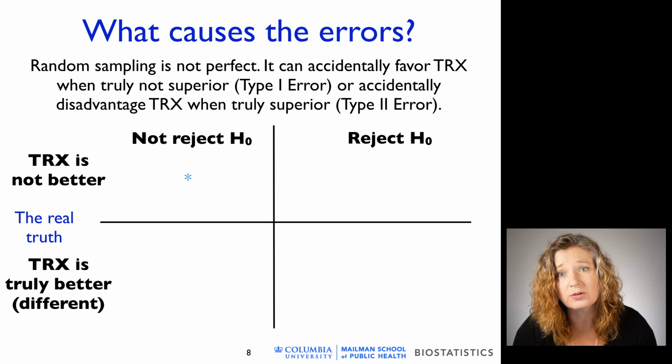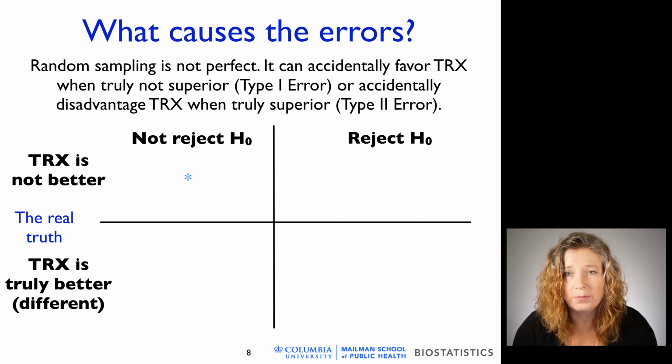So the TRX looks superior to tau, but actually is not. Or accidentally it can disadvantage TRX when truly superior. So maybe our treatment is truly better, but subjects who wouldn't do well regardless of what they got, all got randomized to treatment and disadvantaged the treatment.